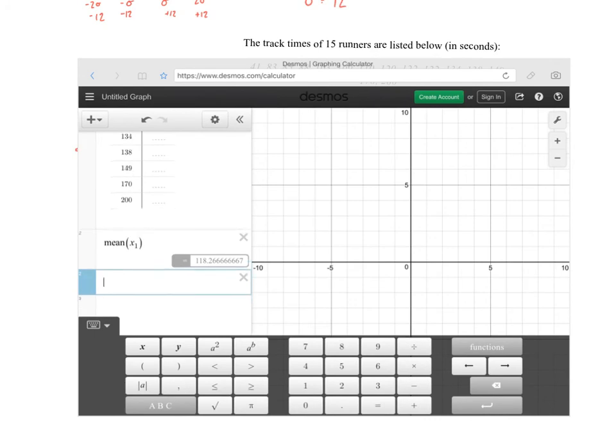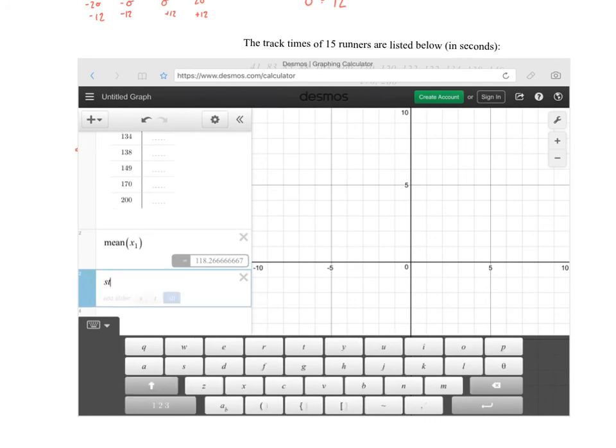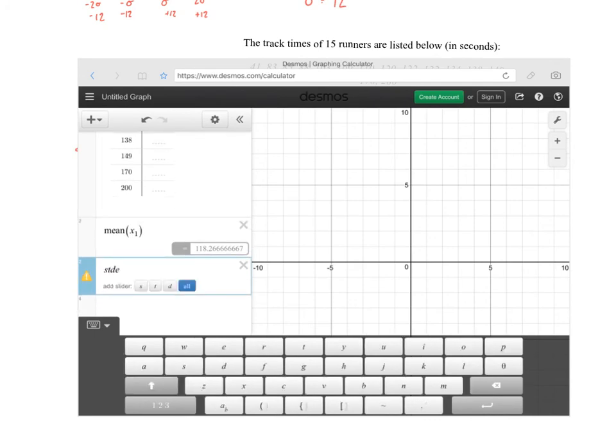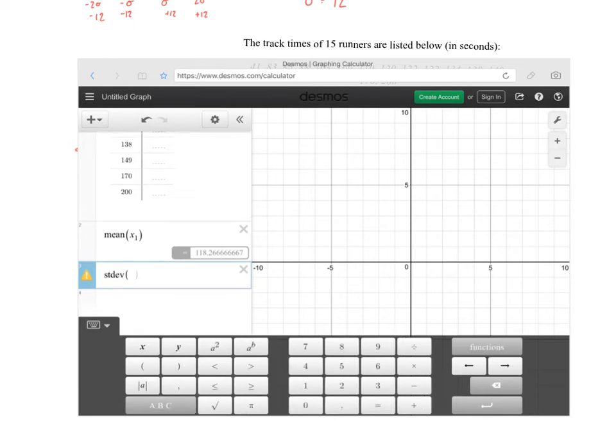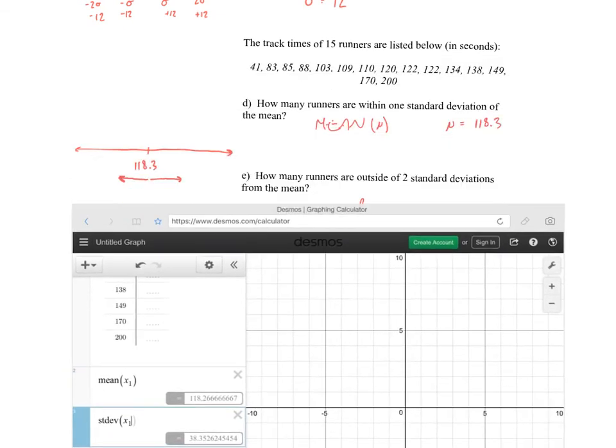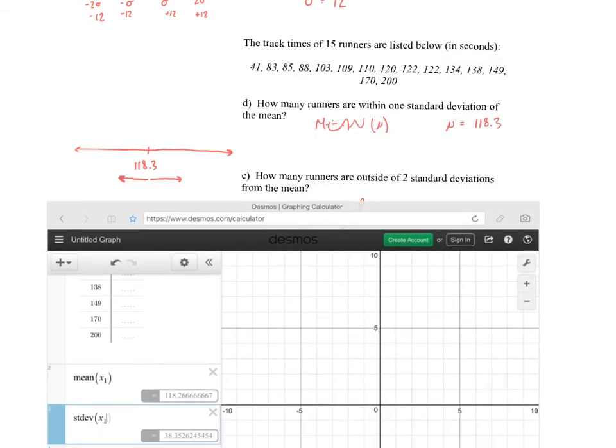The standard deviation can be calculated by just doing STDEV, and again, we'll grab all the data from column 1, and it looks like it's 38.4. So if I go plus 38.4, I'll be 1 standard deviation above, and if I go minus 38.4, I'll be 1 standard deviation below.